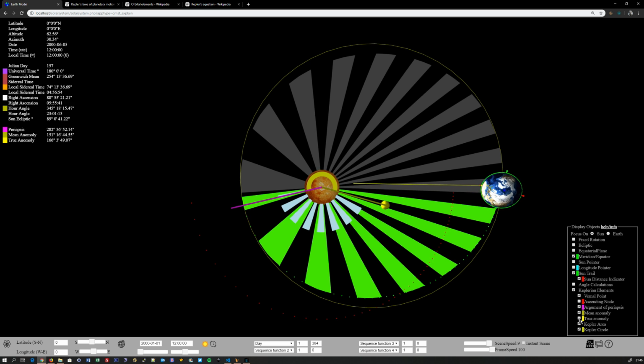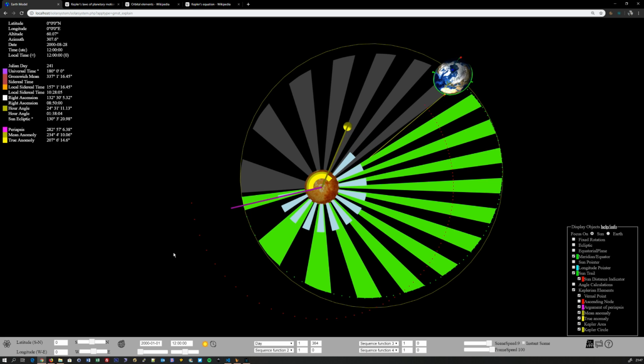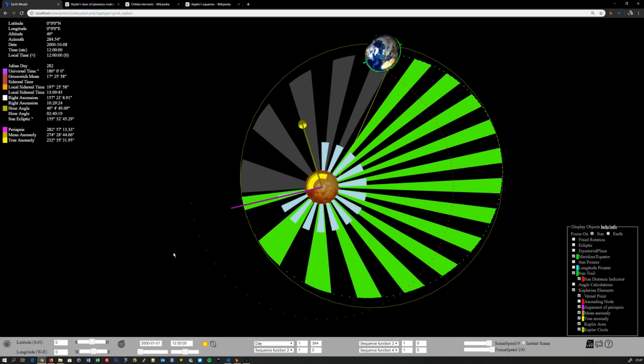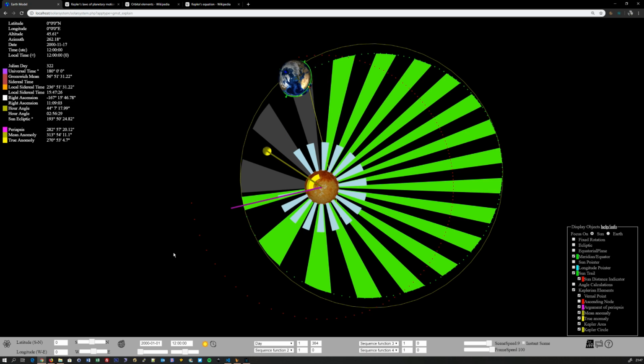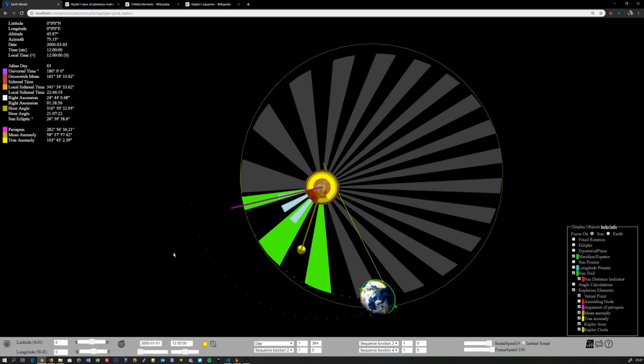Well, the true anomaly, the light yellow one, it changed. It's slowing right now, while the mean anomaly is faster, and the closer we get to the closest point and to the Sun, you see it changing more rapidly. So the mean anomaly is easier to calculate, and from the mean anomaly you can calculate the true anomaly.